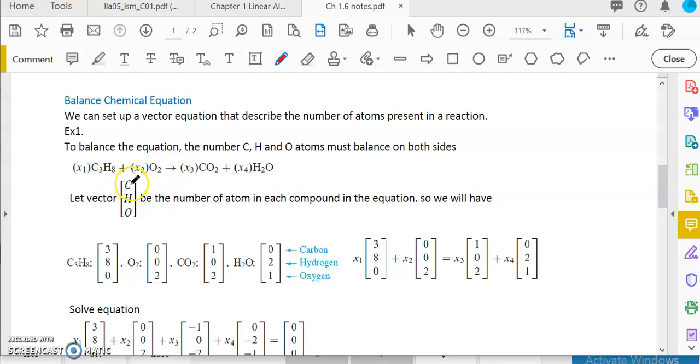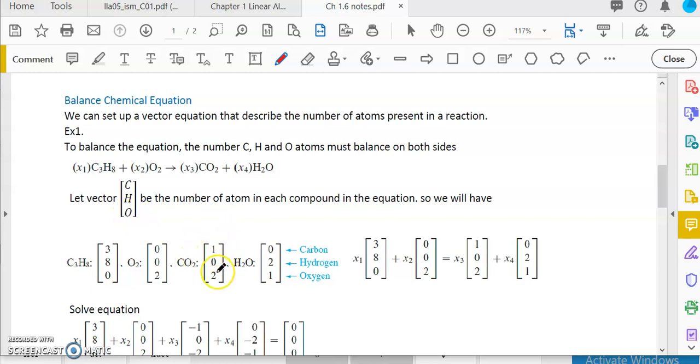The first number is the number of carbon. The second number is the number of hydrogen atoms, and the last is the oxygen atoms in each of these compounds. So we will record C3H8 as 3, 8, 0, O2 as 0, 0, 2 because there's only two oxygen.